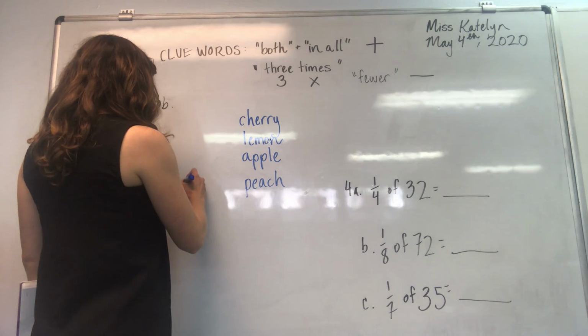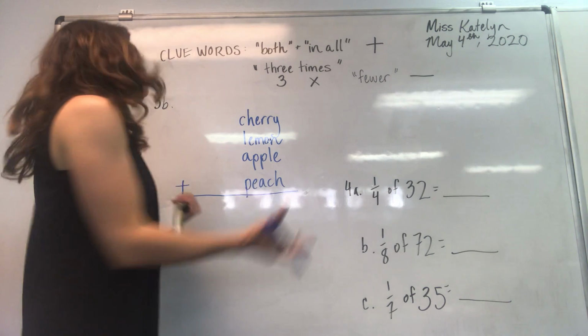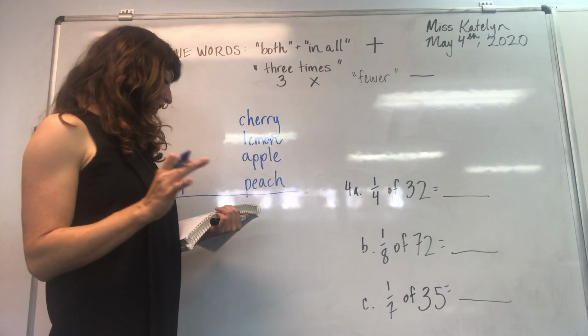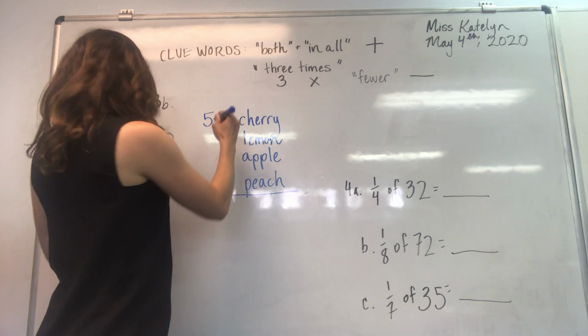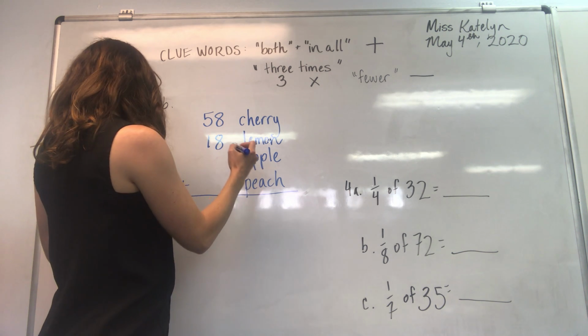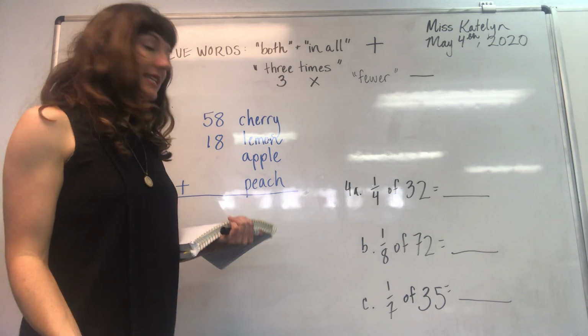Okay. In all tells us to add. We know we're going to add all of these. So input next to the names all the pies that you know for sure. So 58 cherry, 18 lemon, 27 fewer apple pies than cherry.